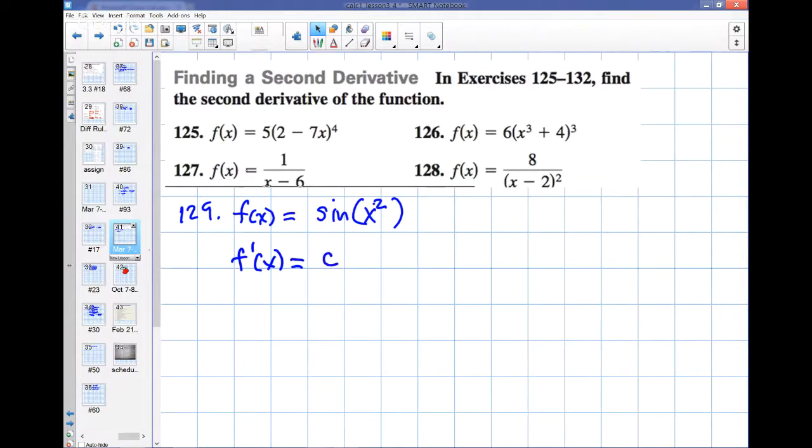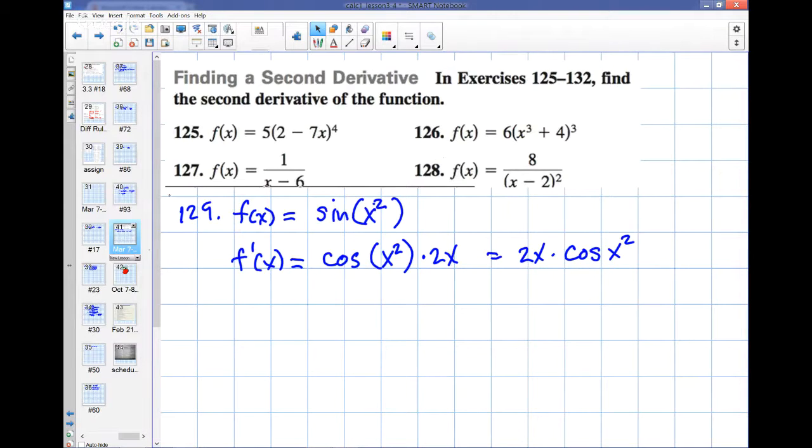So that would be the cosine of x squared. Okay, and then we need to do the chain rule. And that should be the first derivative, which we could probably rewrite as 2x times the cosine of x squared.